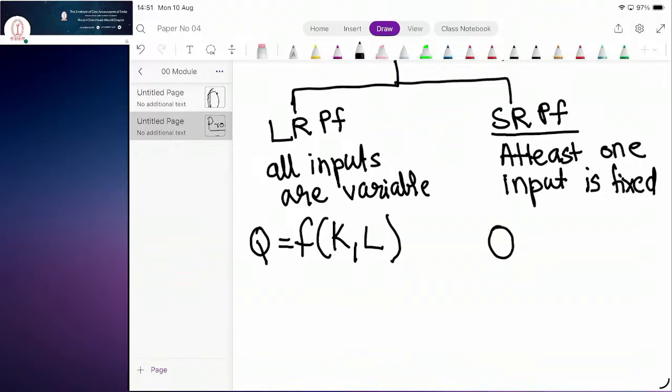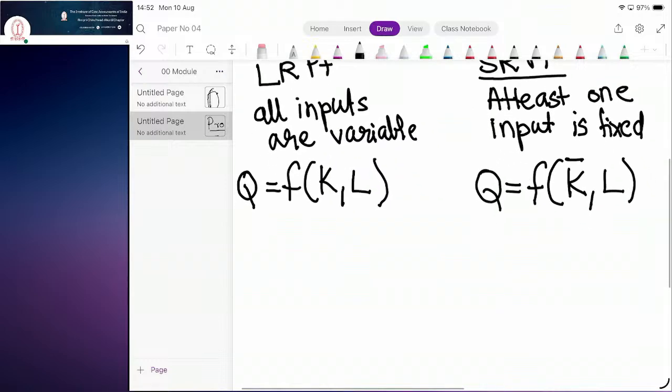If I write Q is equal to F of K dash, L, it refers to a situation where capital remains constant and labor is a variable factor. Is that clear? Can you write the short run production function where capital is variable but labor is fixed? How will you write that?